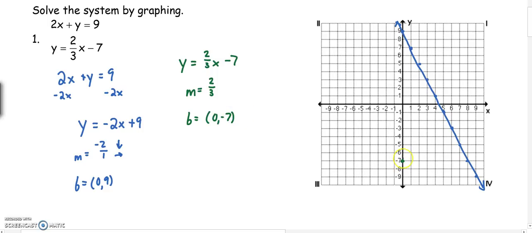So I'm going to start at negative 7, up 2 over 3, up 2 over 3. I'm going to continue that through the intersection point and then draw my line. So now that I have my two lines and I can see their intersection, my solution is that point of intersection, which in this case is 6, negative 3.